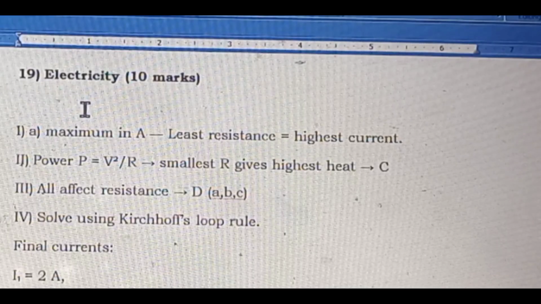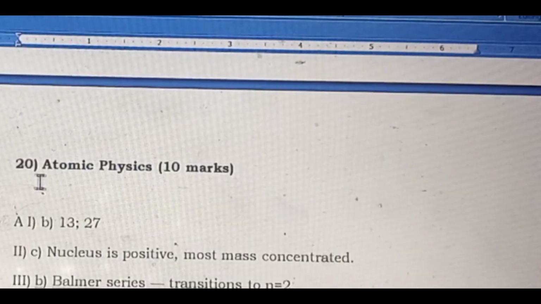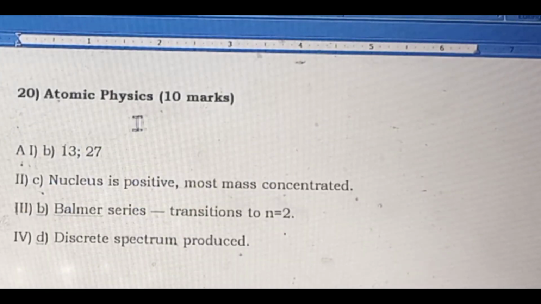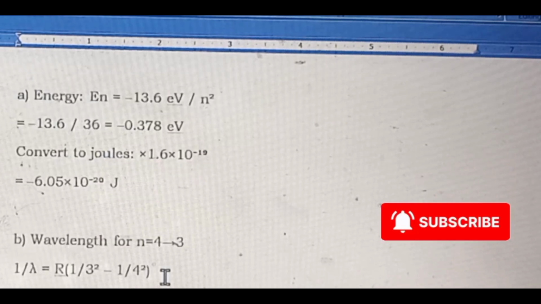This is question 19, electricity. This is their correction. Question 20 about atomic physics. This is a correct answer.